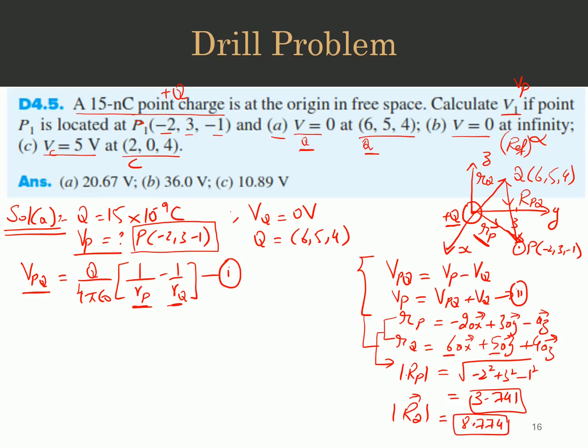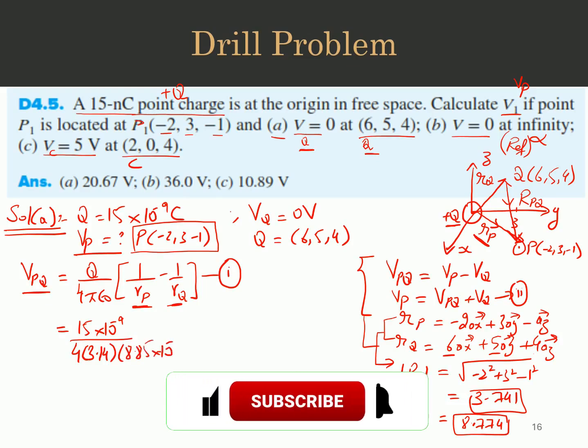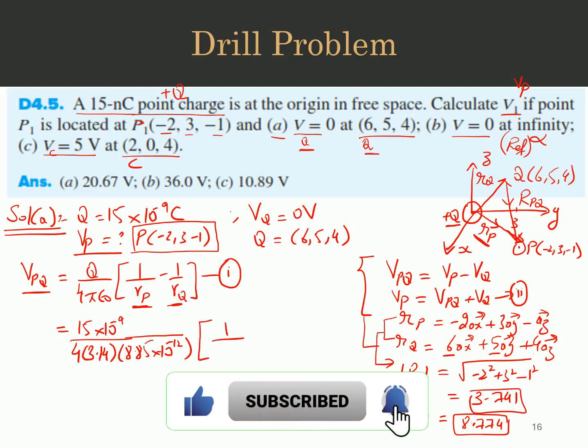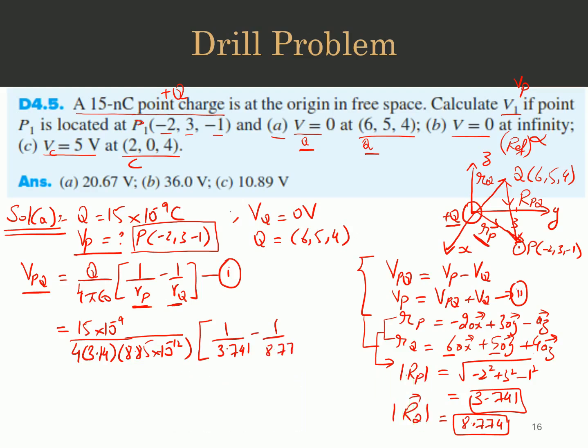Now since we have everything, let us incorporate everything into the equation. So the value of Q is 15 into 10 raised to power minus 9, divided by 4 into 3.14 into 8.85 into 10 raised to power minus 12, the value of epsilon naught, and then you have 1 divided by 3.741 minus 1 divided by 8.774.